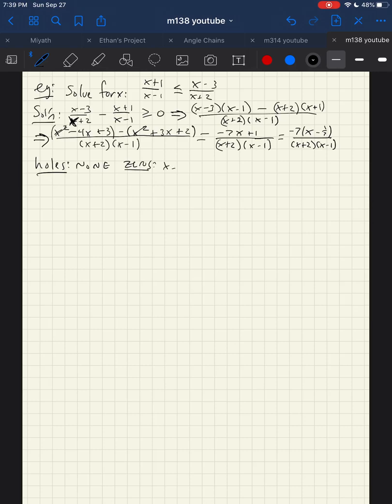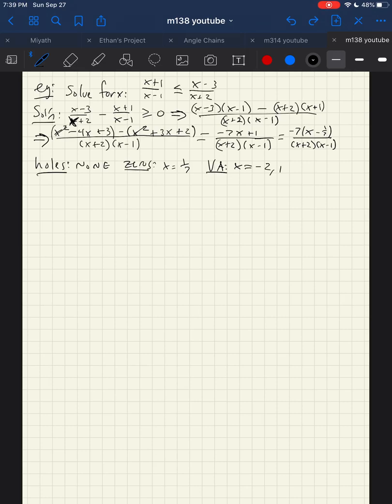We have a 0 at x equals 1/7, right? And that makes sense. If we plugged in 1/7 here, we'd have negative 1/7 plus 1/7 gives us 0. And we have vertical asymptotes. The vertical asymptotes are x equals negative 2 and 1, right? Those are the things that make these two factors 0.